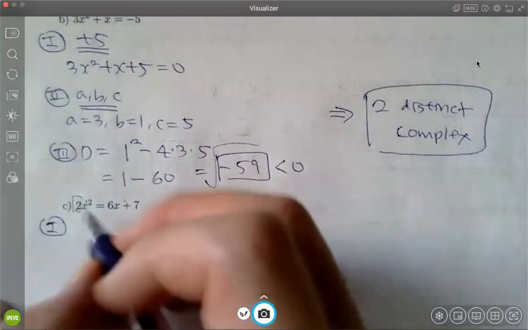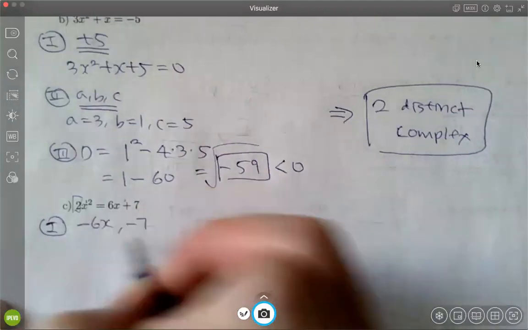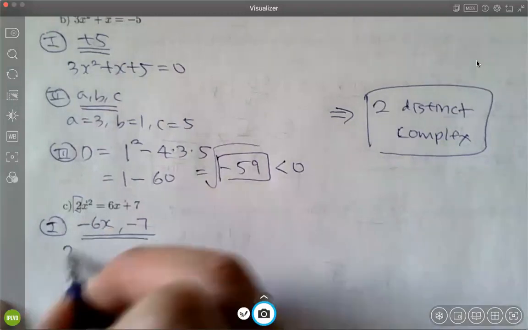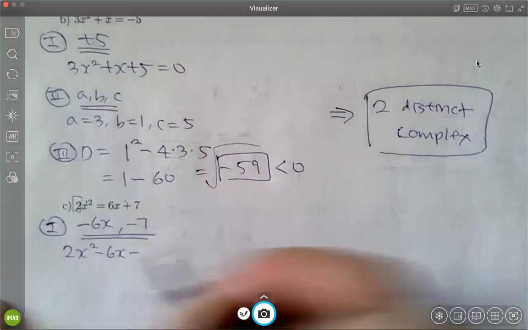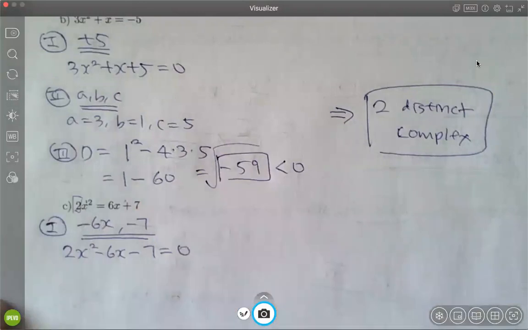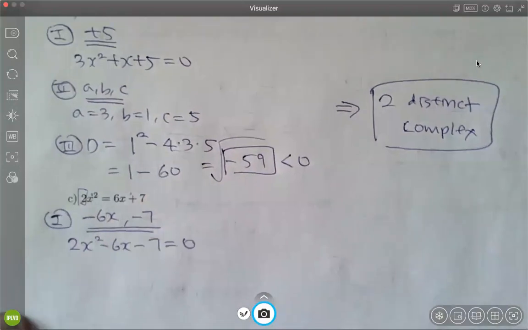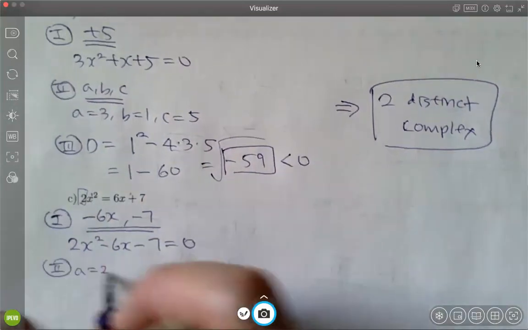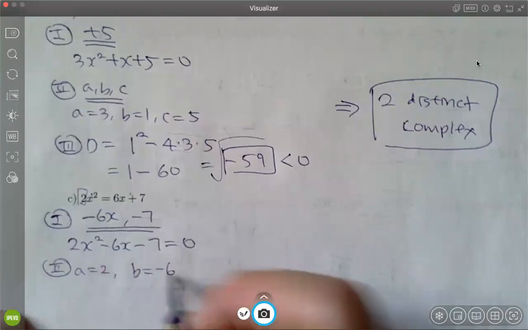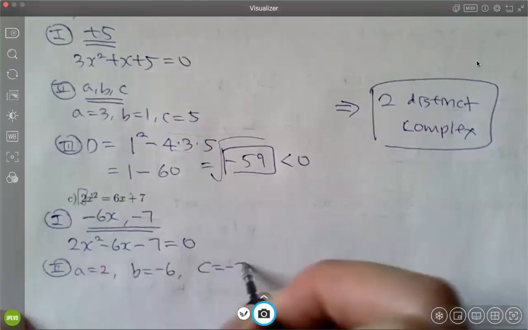So subtract 6x and subtract 7. To maintain the positive coefficient for x squared, we subtract 6x and 7 instead of subtracting 2x squared. So from here, you can see that A is 2, B is negative 6, and C is negative 7, right?